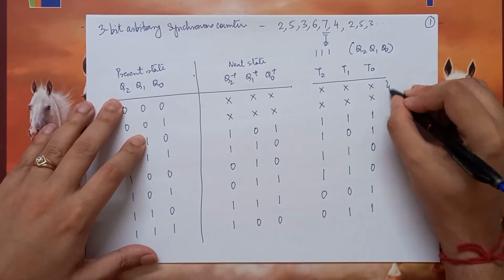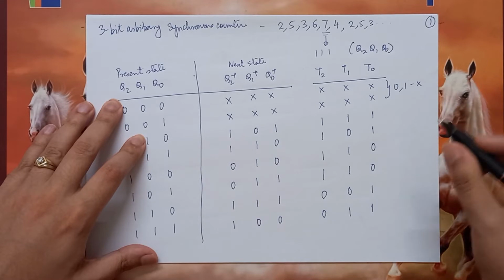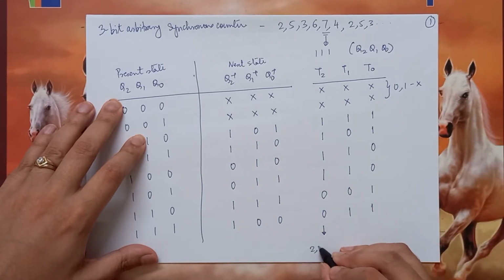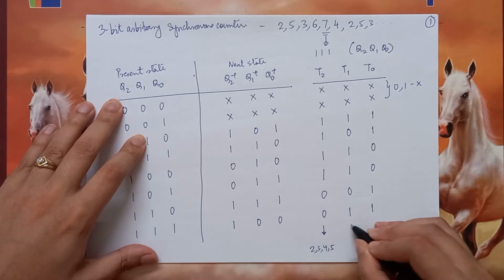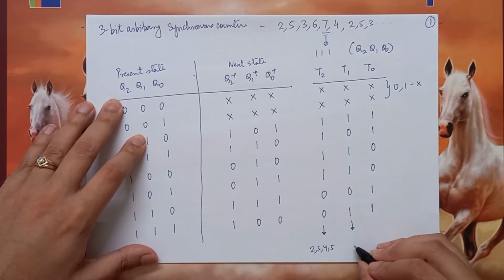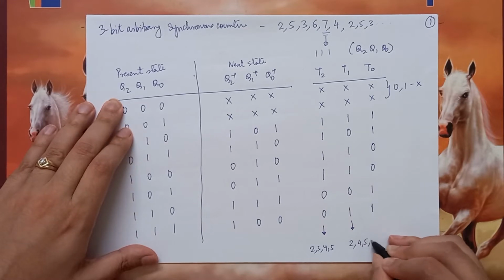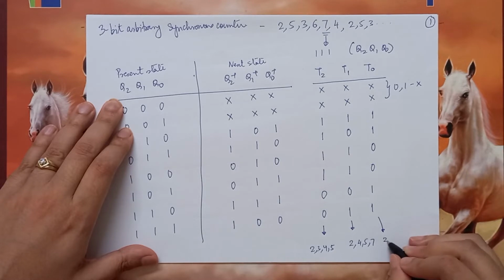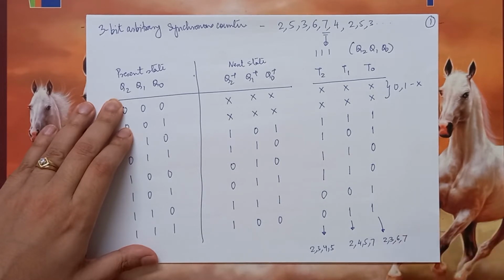For all of these, 0 and 1 are don't cares. For T2, the minterms are 2, 3, 4 and 5. For T1, the minterms are 2, 4, 5 and 7. And for T0, the minterms are 2, 3, 6 and 7.